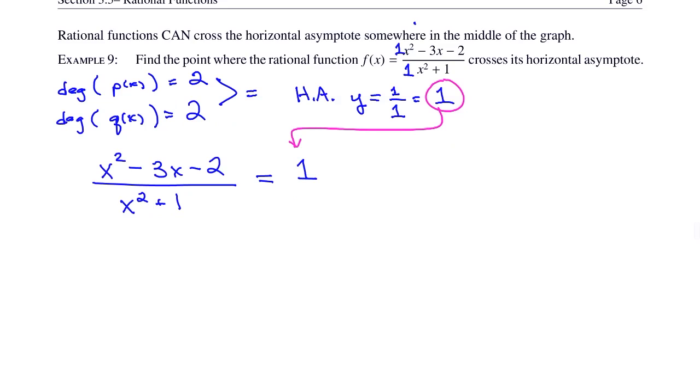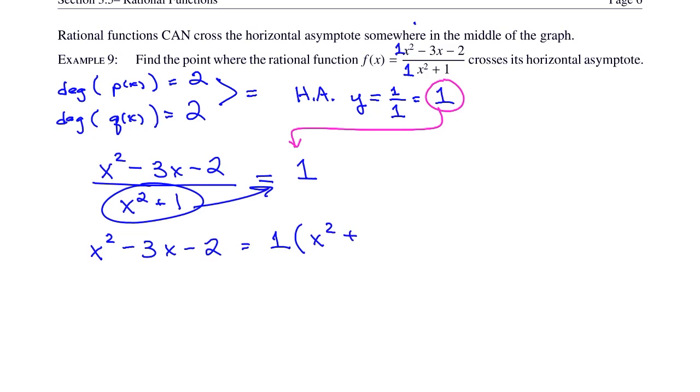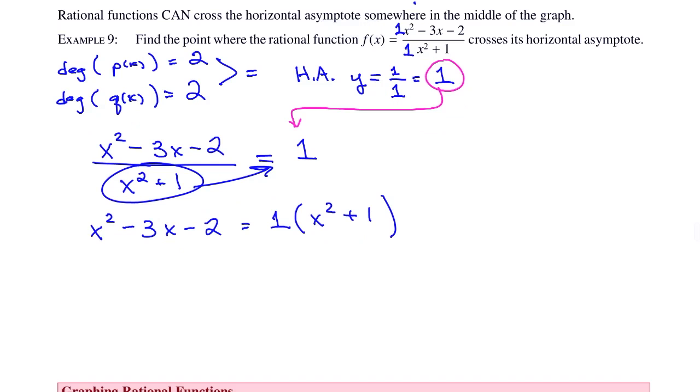Here I will cross multiply. We get x squared minus 3x minus 2. I'm going to cross the denominator over to the other side. That's going to be 1 times x squared plus 1. Multiplying by 1 doesn't change the expression. So we get x squared minus 3x minus 2 equals x squared plus 1.